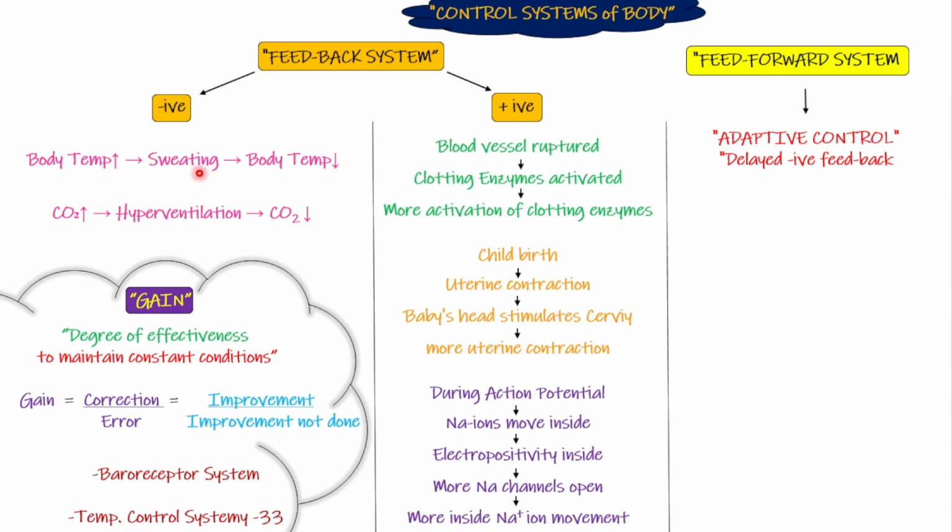For instance, if the person is sitting in an air-conditioned room where the temperature is perfectly fine, the person is not sweating, but the person is going to move out from that cold environment into the hot environment outside the room where there is scorching heat, and the person hasn't moved out of the room, but the sweating starts before moving out of the room as a preparatory mechanism, then that would have been an example of feed-forward system.